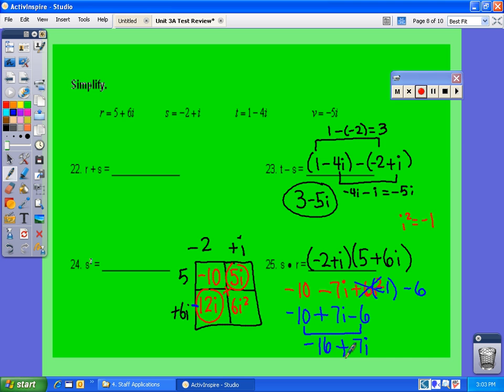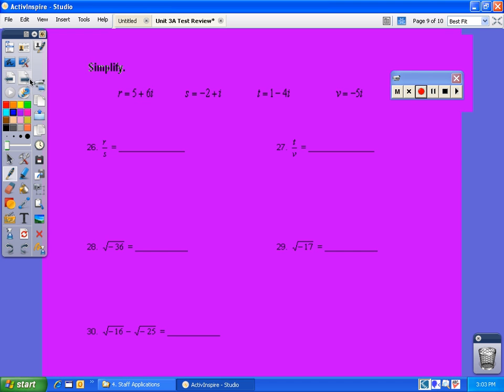Alright, last questions. T over v. So t over v would be 1 minus 4i over negative 5i. This is just like the warm-up question. So you multiply by positive 5i. So the conjugate means that you only change the i, nothing else.